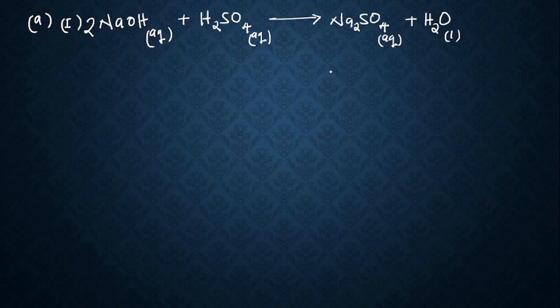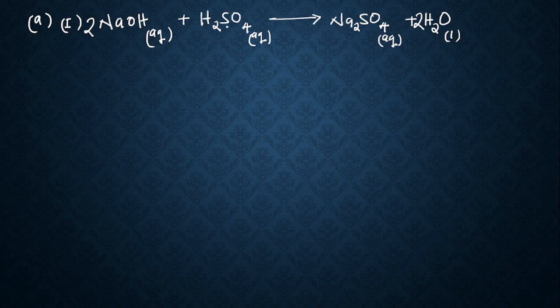What about the hydrogen? On the reactant side, sodium hydroxide has 2 hydrogen and the acid has 2 hydrogen, which makes 4. On the product side, we have 2 hydrogen, so to make it 4, we add a 2 there. That makes hydrogen balanced.